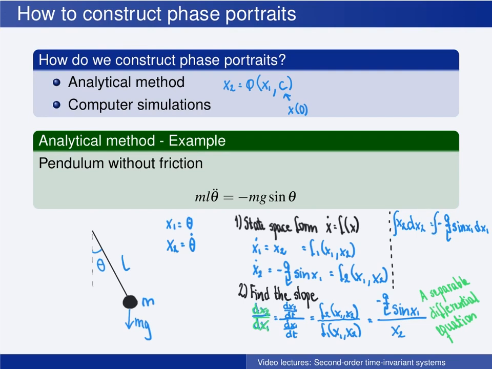The solution is then 1/2 x2 squared equals g over L cosine x1 plus some constant c that contains the initial values of x1 and x2. So we have found a function describing the trajectories of the system.